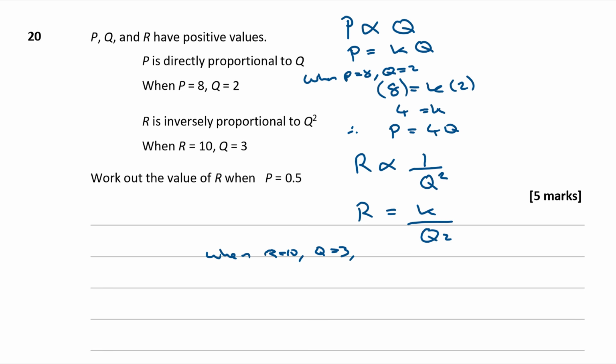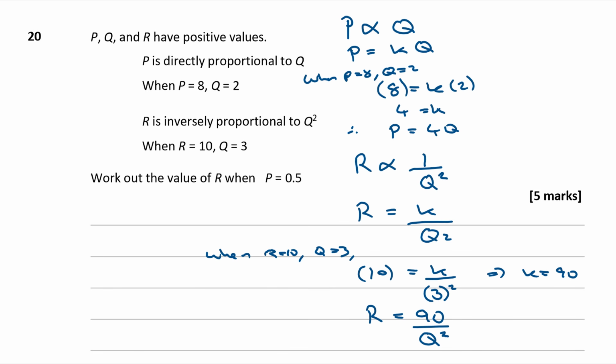So subbing those two values in, 10 then must be equal to K over 3 squared, which is 9. Cross multiplying that tells me then that K must be 90. So then that means that R must be 90 over Q squared. Okay? Right, so we're good.